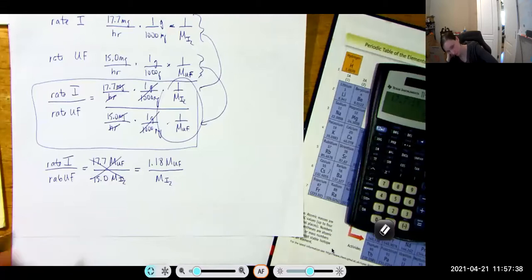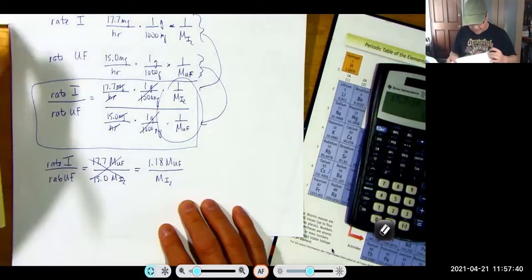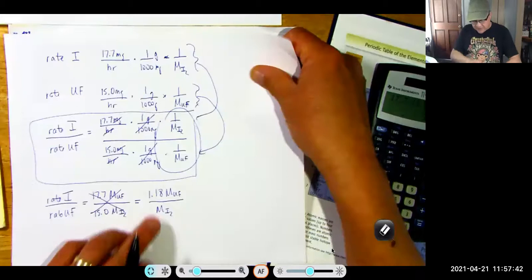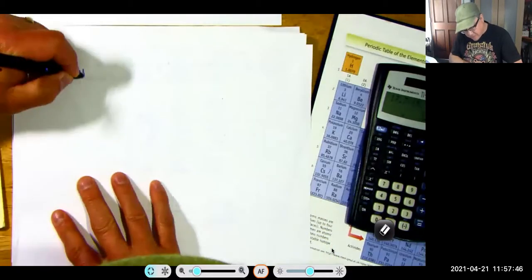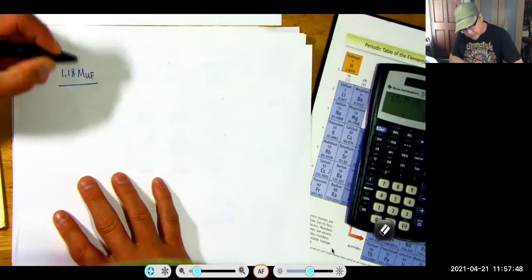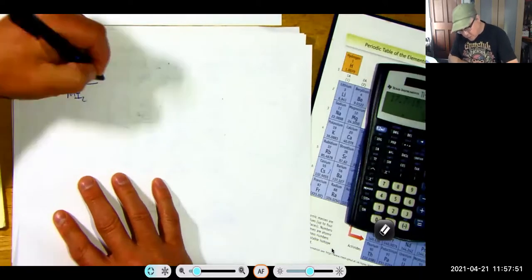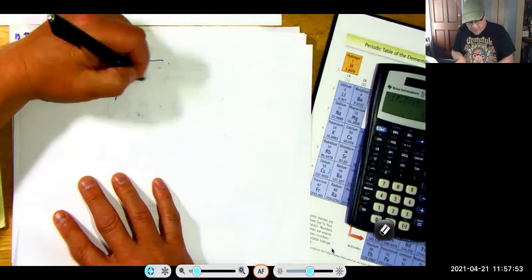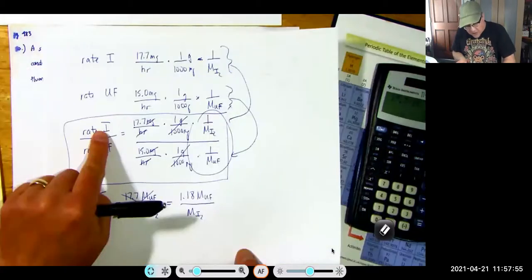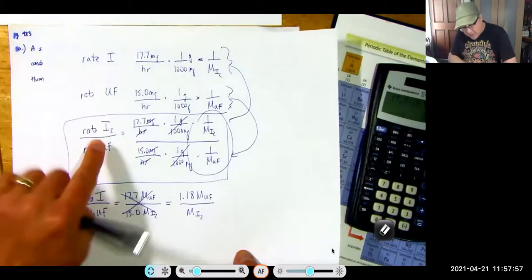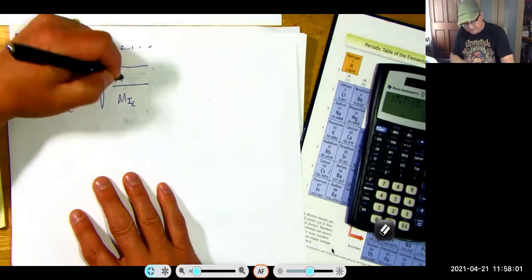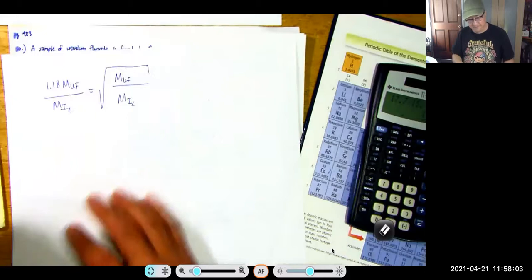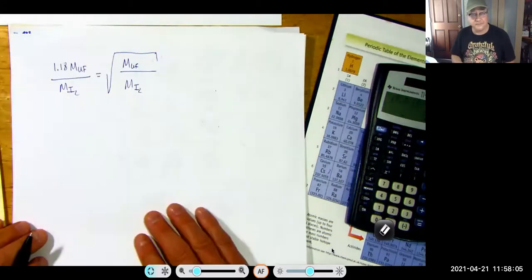Okay. The other thing we know is that this equation here, 1.18 times the molar mass of UF over the molar mass of I2 is equal to the square root, because we have I2 on top, the molar mass of I2 on the bottom, and the molar mass of UF over here on top. Right?